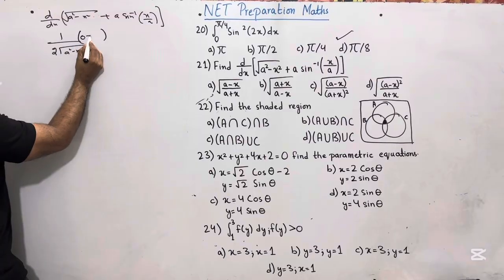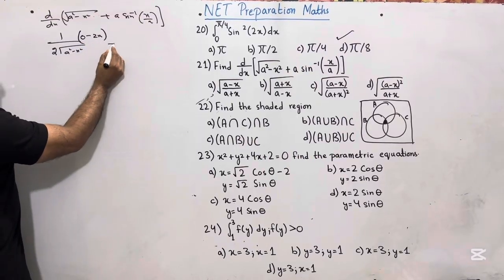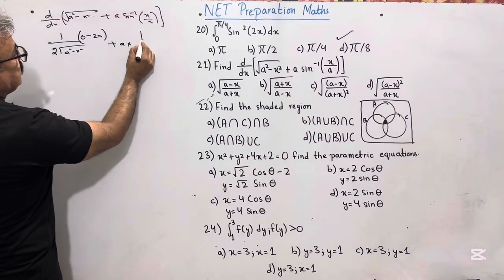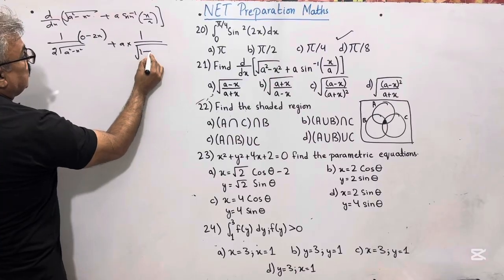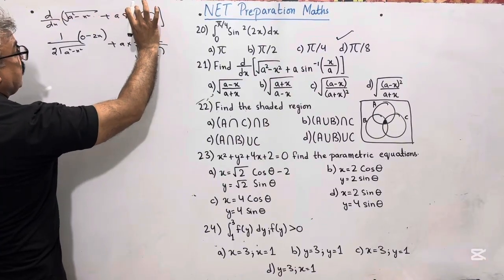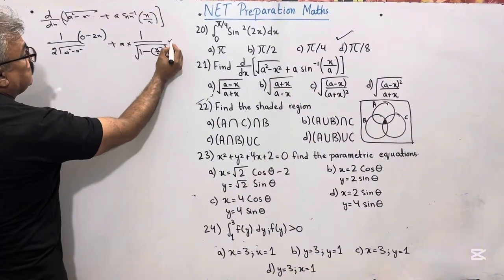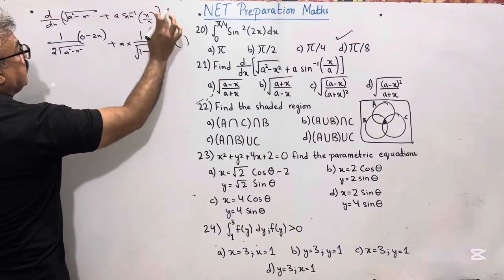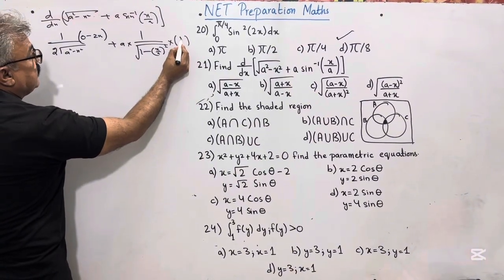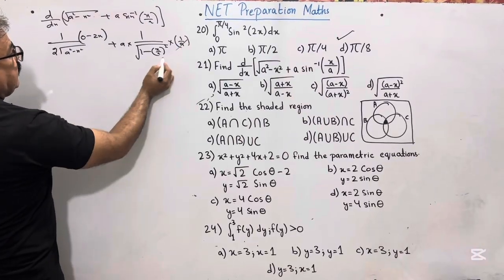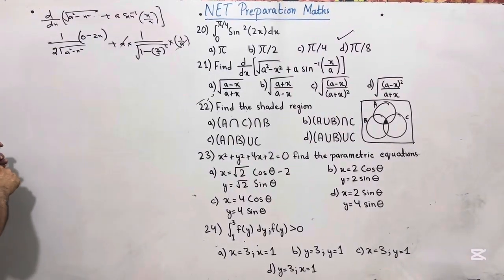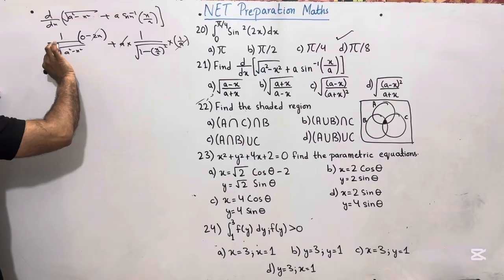A square is 0, minus x square is minus 2x, plus the same sine inverse, as I have already told you, 1 minus angle square. Don't take x, angle square. Our angle is x over a whole square, times the differentiation of the angle. Differentiation of x over a is 1 over a. A here cancels out, as well as 2, 2.